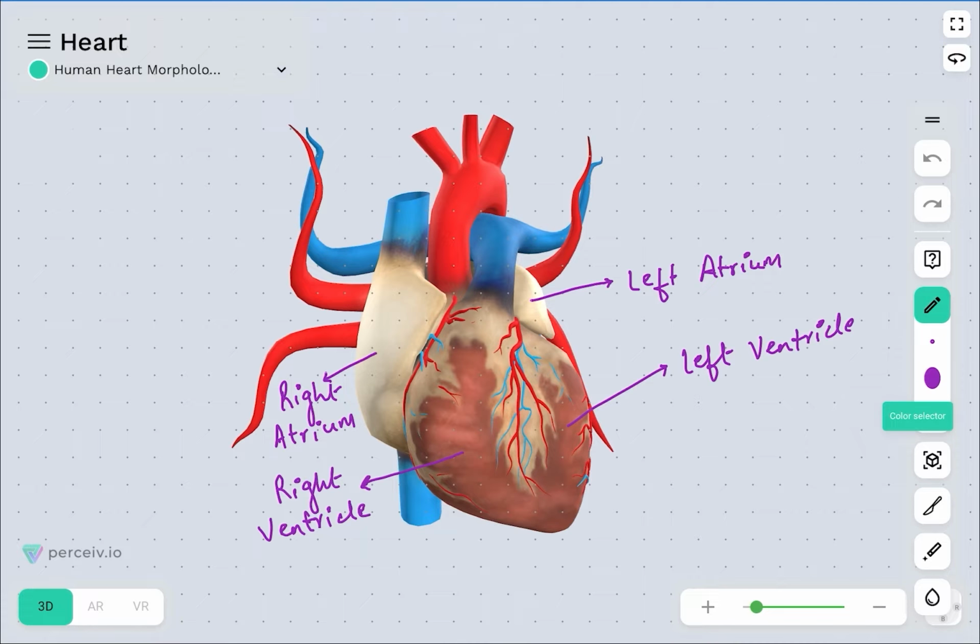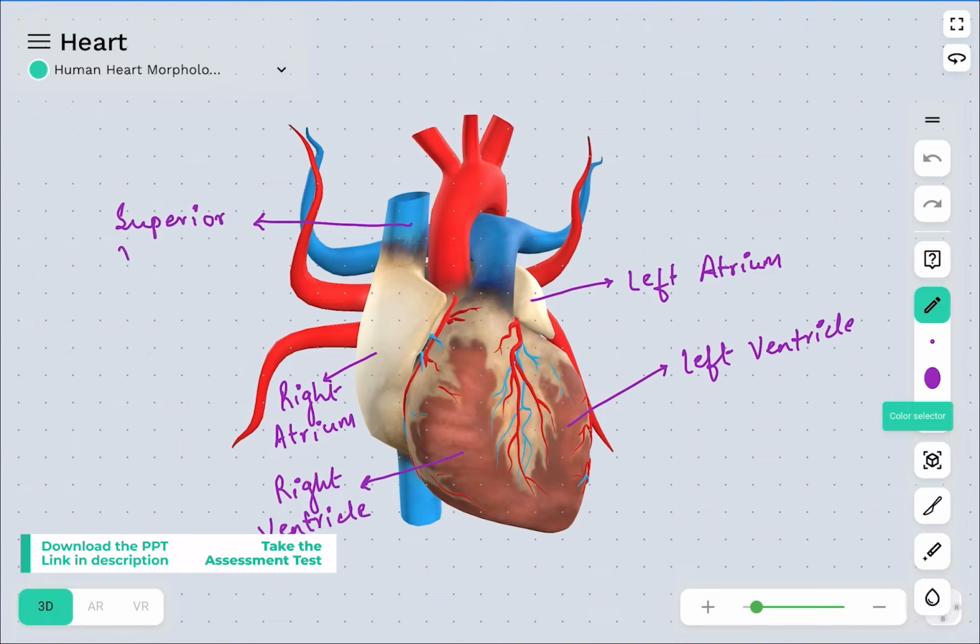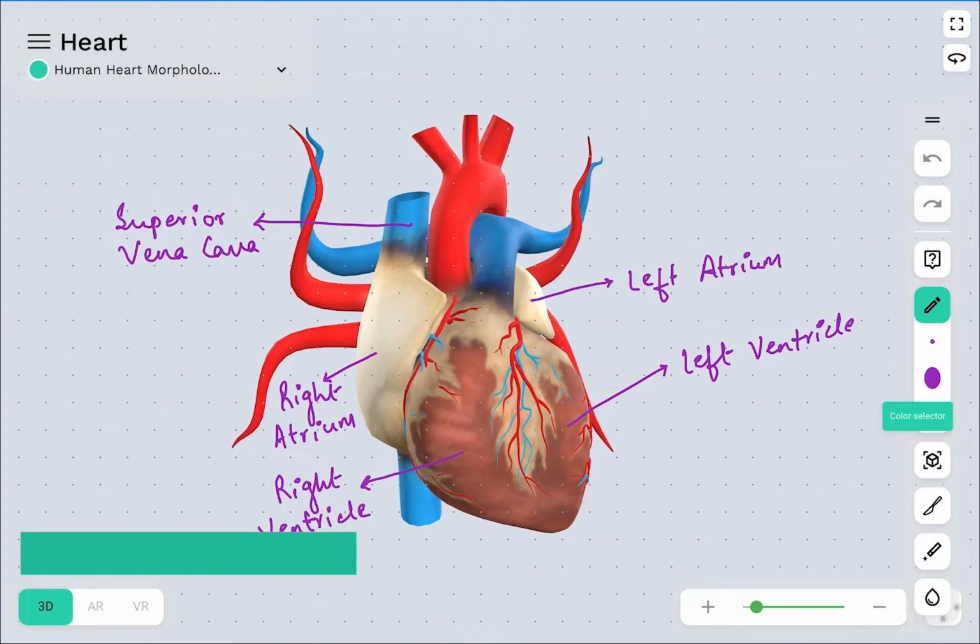All right. Now, there are two very common blood vessels that enter into the right atrium. This is called the superior vena cava, a blood vessel that will enter into the right atrium. And this is called the inferior vena cava.